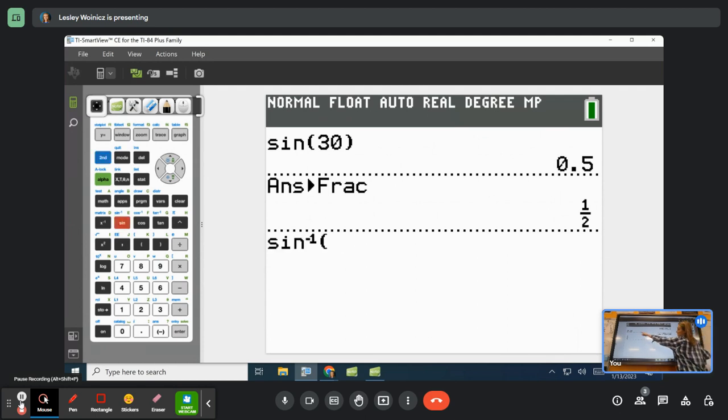And now if I plug in 1/2, you can do it either way, 0.5, it should give me my angle back. It tells me the measure of the angle that has that ratio. So it's just undoing what we were doing last week.